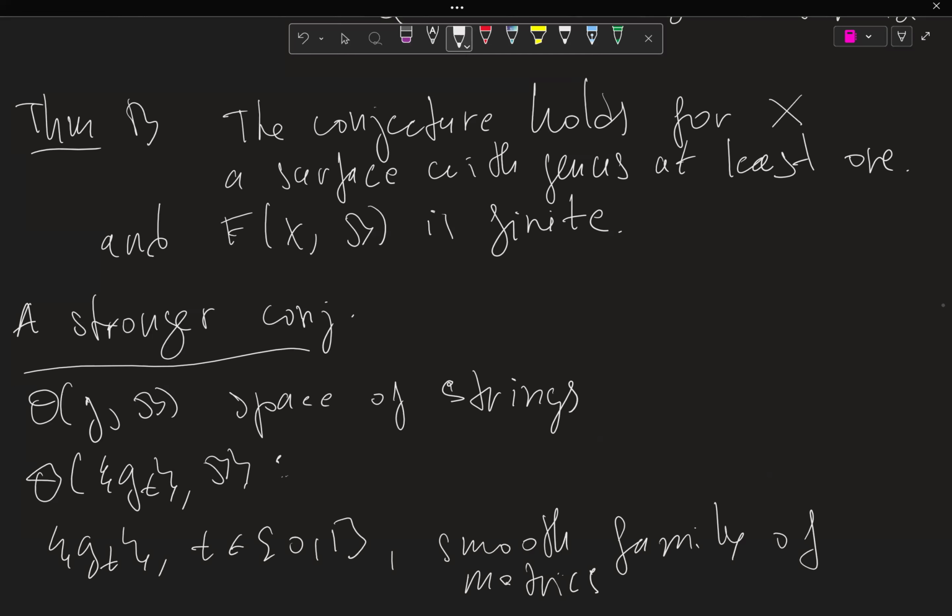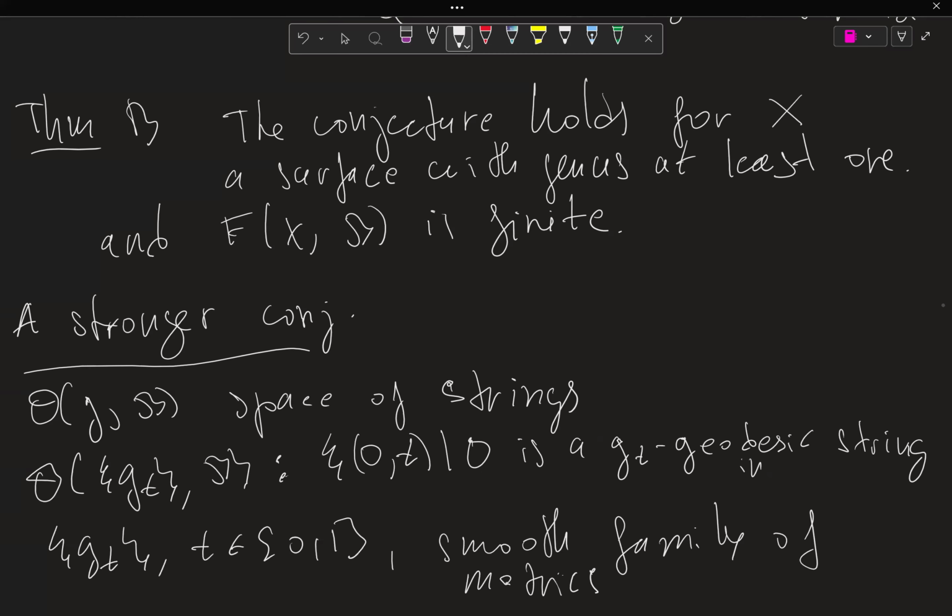And this is the space of pairs of a G_t geodesic string in class beta.